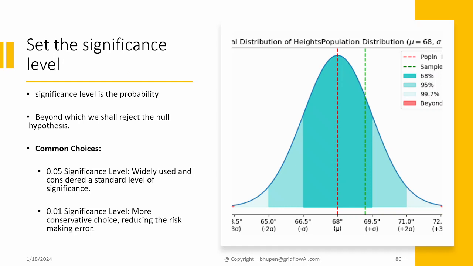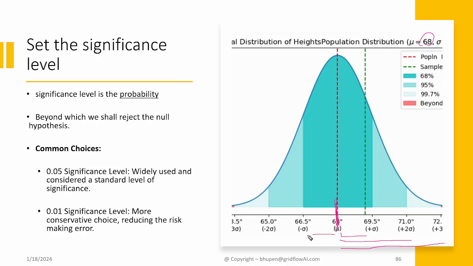This is very crucial to understand: what is the meaning of significance level? Let's say the average height here is given as 65 or 68, and the standard deviation is 1.5, so 1 standard deviation, and this is 2 standard deviations, and this is 3 standard deviations on the higher side.